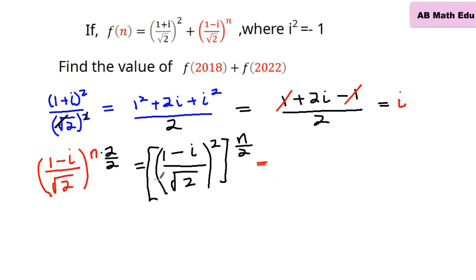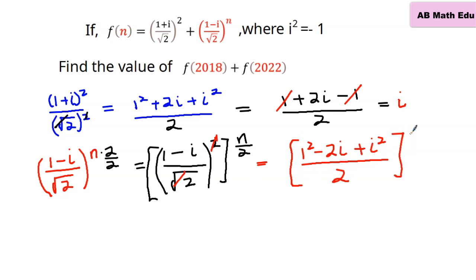If I square 1 minus i, I will get 1 squared minus 2i plus i squared, and then I square the root and take the 2 there. But remember, we still have our n divided by 2.